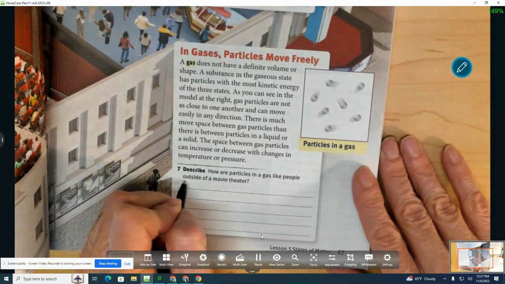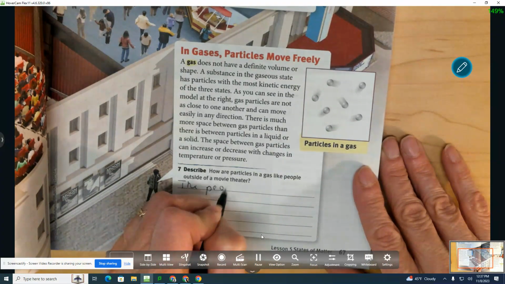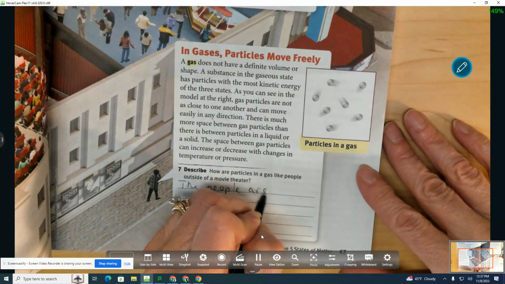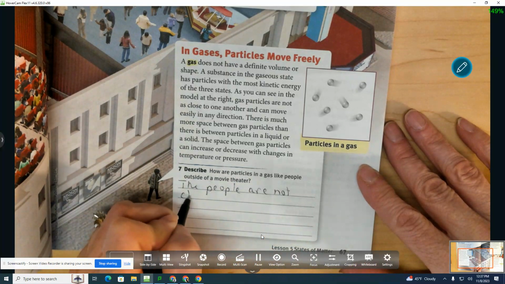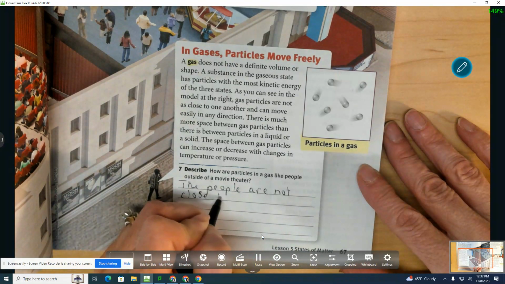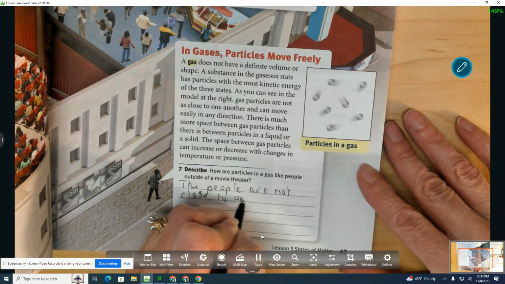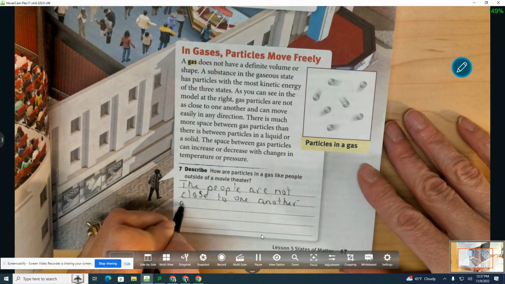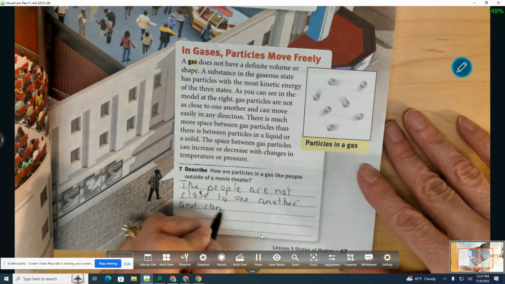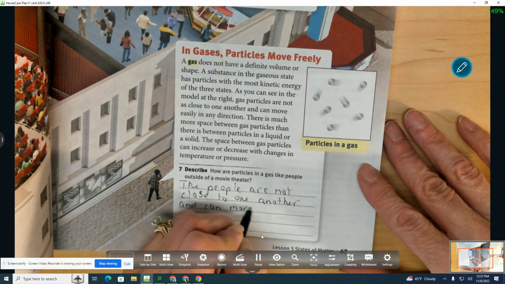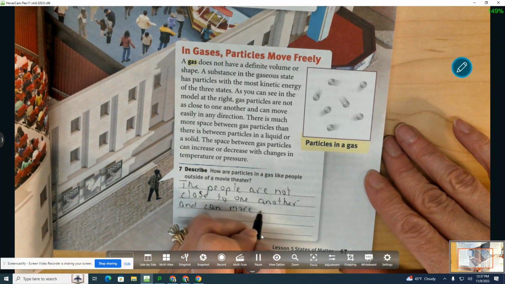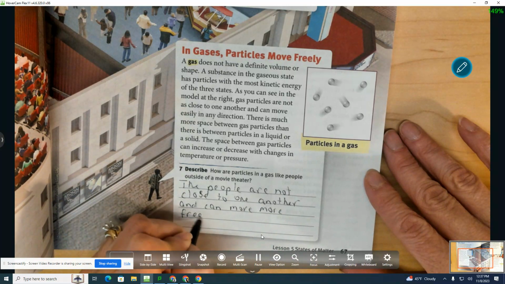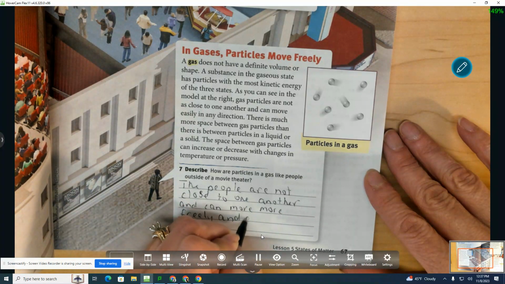So we're going to say the people are not close to each other or to one another, and can move more freely and quickly.